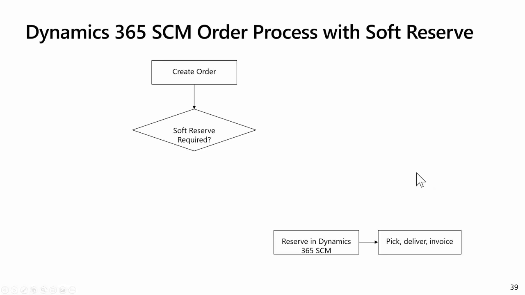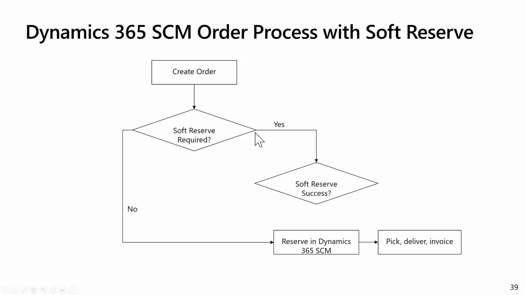With the new feature introduced, the user has a configurable option to indicate whether they require a soft reservation before the subsequent operations. They can choose to skip or skip with warning for the soft reservation process, and this will not block the further operations inside Dynamics 365 Supply Chain Management.